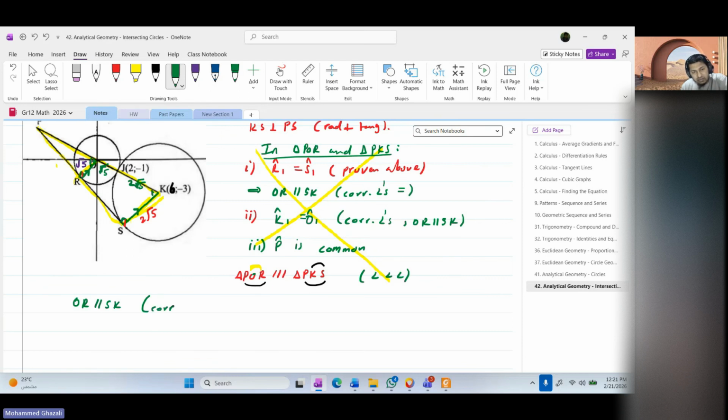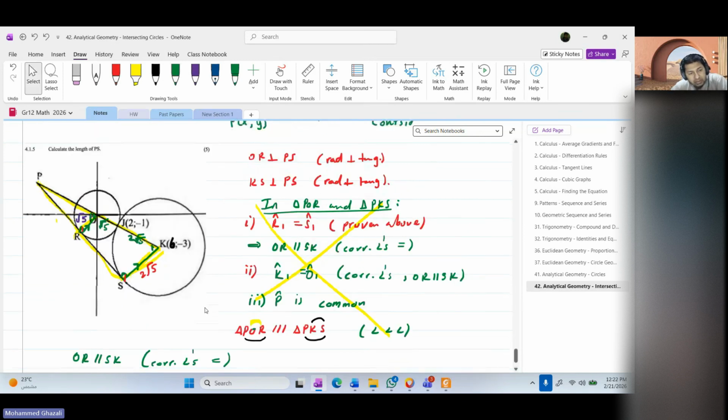Corresponding angles are equal, and we know that OR is equal to half of SK. This implies that O and R are midpoints.